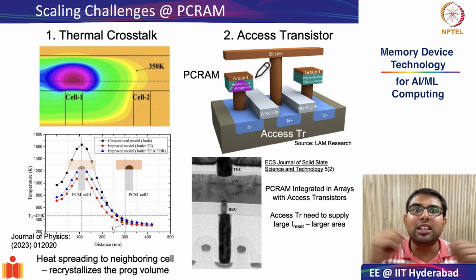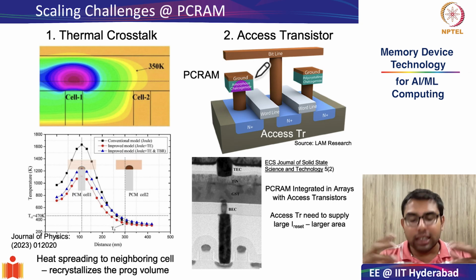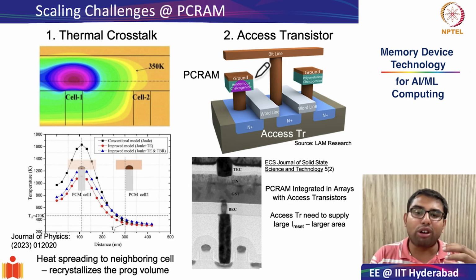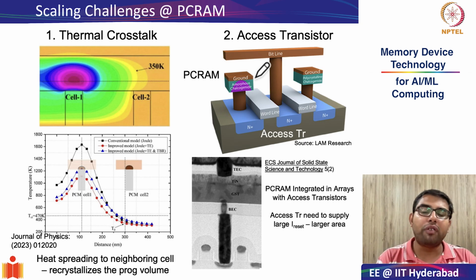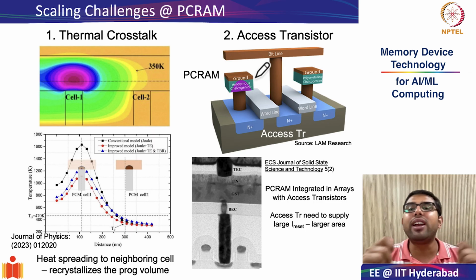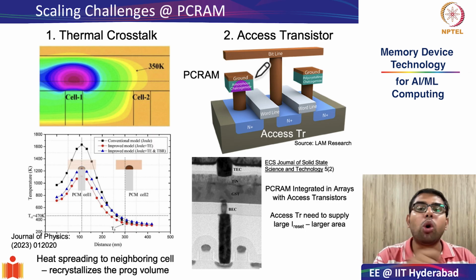So where is this transistor coming from? As we will see even later on in our study of RRAMs, generally all these memristive devices are integrated in the so-called 1T1R, one transistor, one resistor configuration for large scale integration.